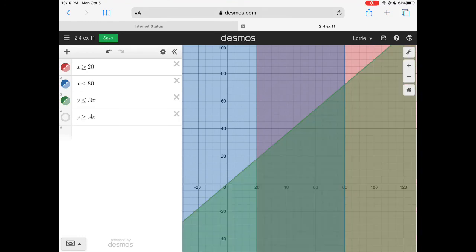Once we bring in the sale prices, we have the green region and then finally the purple region. And so you can see that that matches what we did. Again, you could have used this to graph your points instead of finding the slopes and the intercepts.